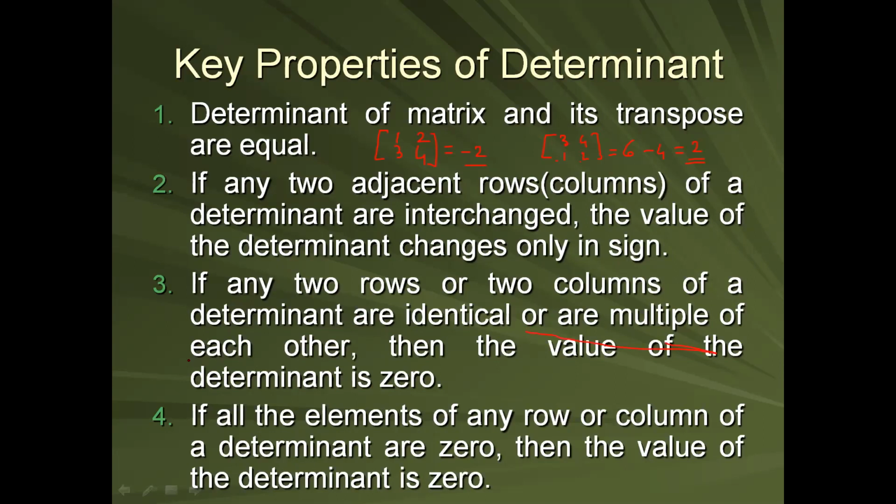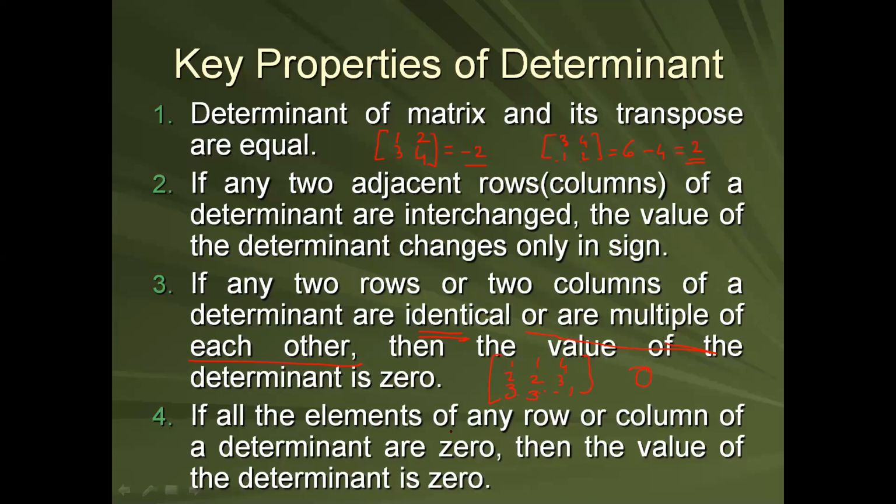Multiple of each other. Now let me give you an example of identical ones. Suppose your matrix is 1 2 3 1 2 3 4 3 minus 1. Now if you find determinant for this, it will be 0 because these two columns are identical. You can verify it.